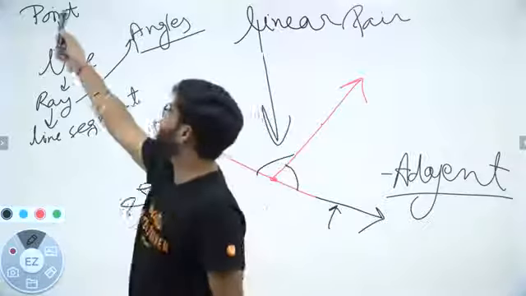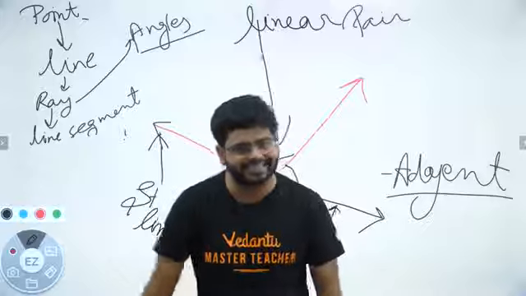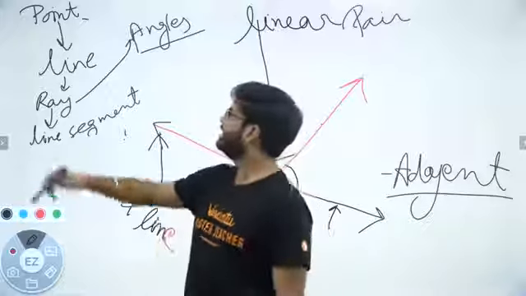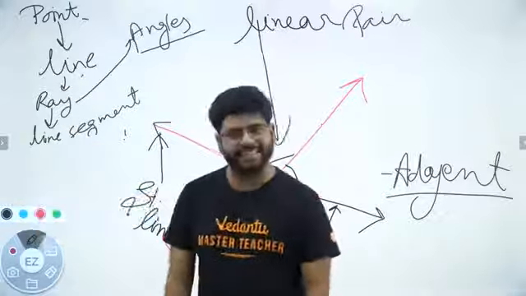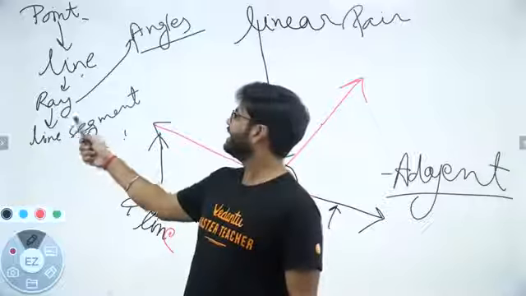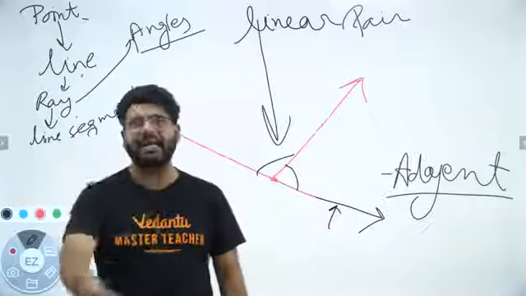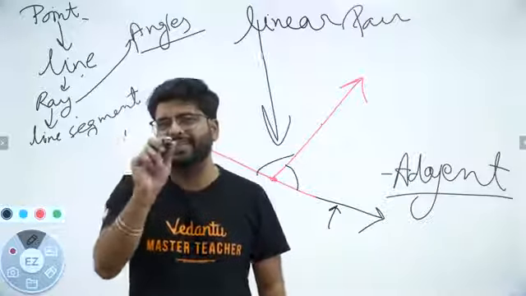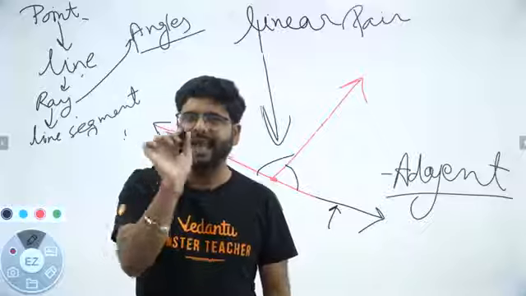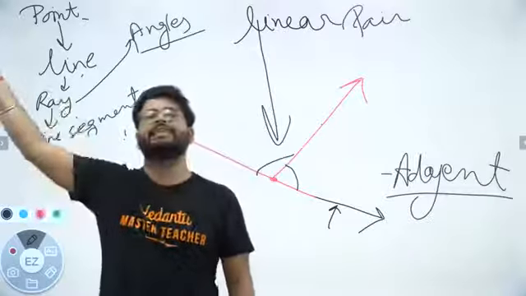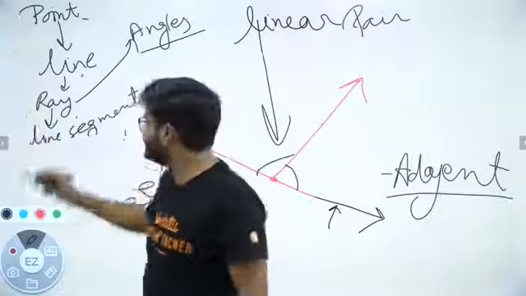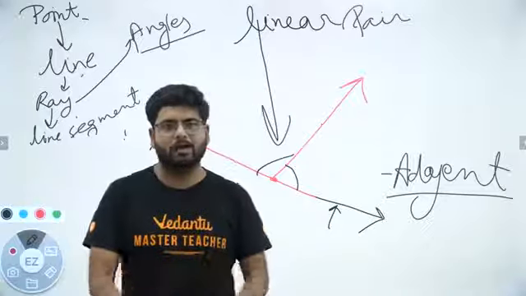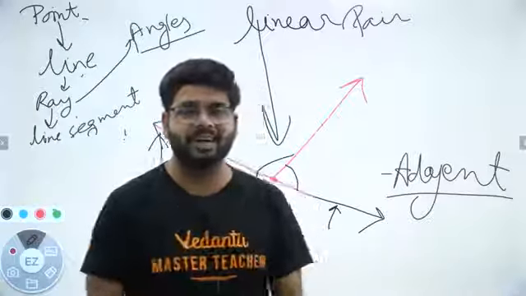We have discussed a point. A point is nothing but the location or a position of something. Line, a collection of points is a line, right? Ray, if I make a cut on a line, anything that has one fixed point, one end point, and moves in one direction, is a ray. Line segment. Segment means a piece, a small part.